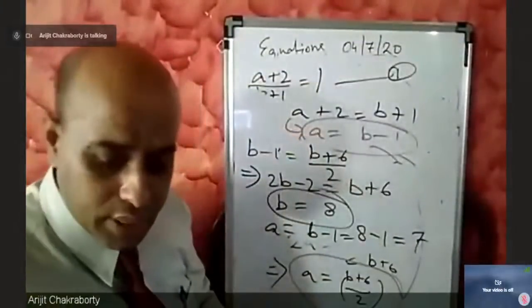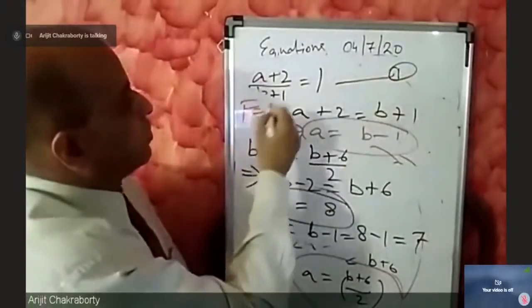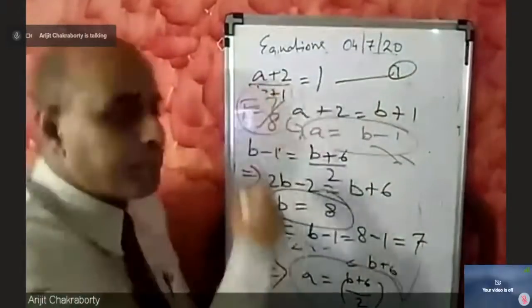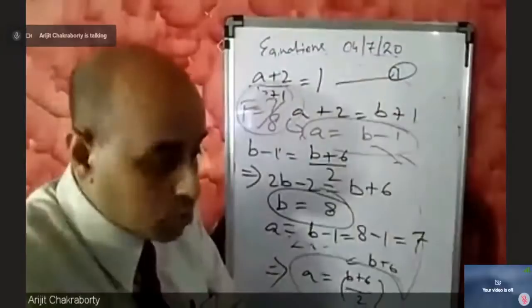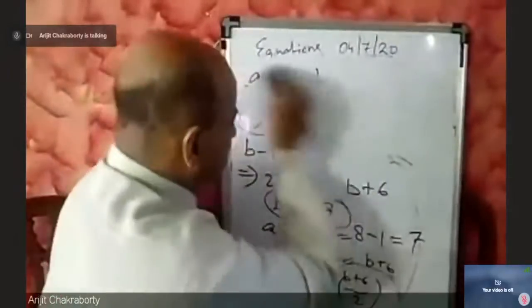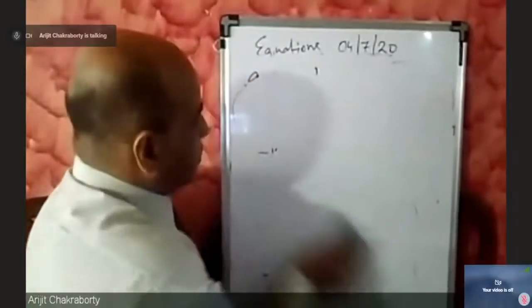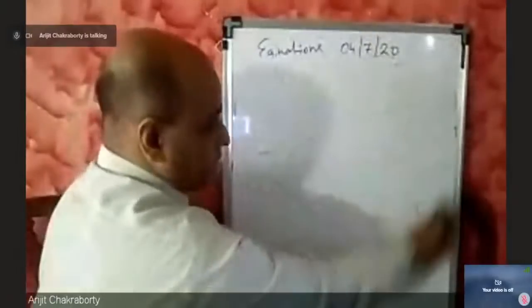So the fraction is actually 7 by 8. So this is also very interesting, and purely by using simple linear equations and simultaneous equations, we are able to solve this.